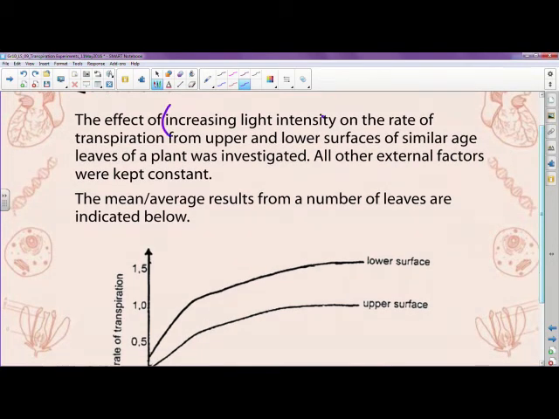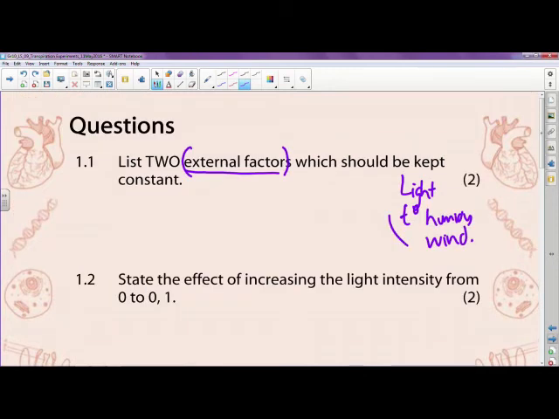We actually want to change light intensity. It says all other external factors were kept constant. Constant means the same. So if you got light intensity, that was incorrect, because that is what we're actually changing.